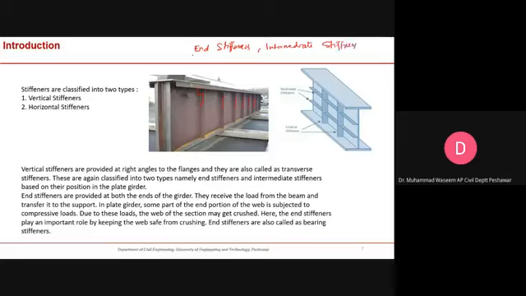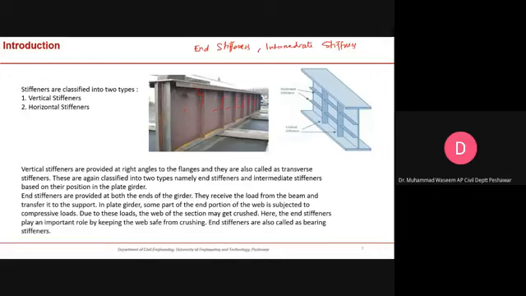This is the classification. The end stiffeners are provided at the ends, okay, and intermediate stiffeners are provided in between the start and end of the girder, okay. One thing you should pay attention to is that they make panels, okay. This is a panel, this is a panel, this is a panel, okay.